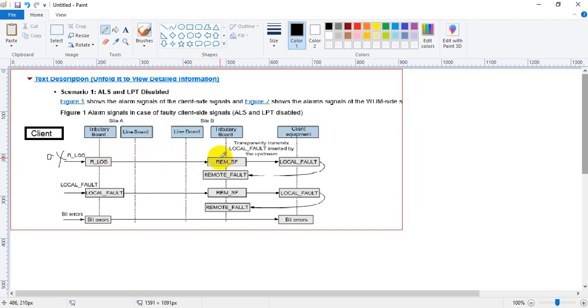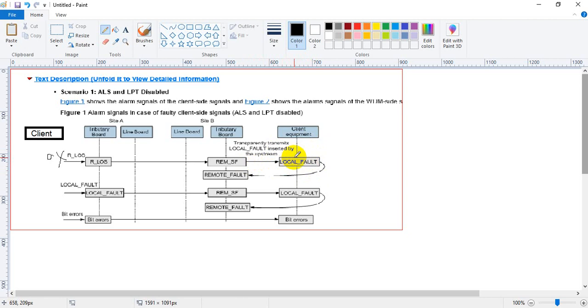This is the downstream, and when this code is received at the tributary board, it is processed and a remote signal failure alarm is triggered, for the code which has been inserted by the upstream of this node. For this node this is the downstream direction, and for that node it is coming from the upstream direction. The code which was inserted from site A is transparently transmitted towards this equipment, in this case a client equipment.